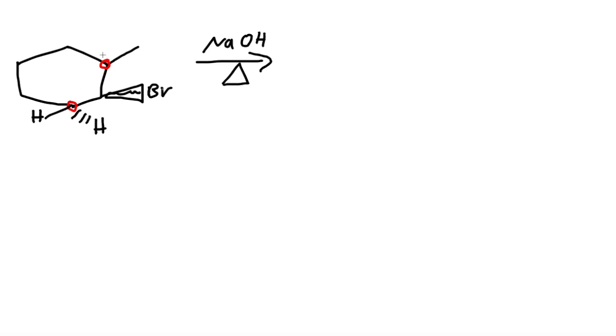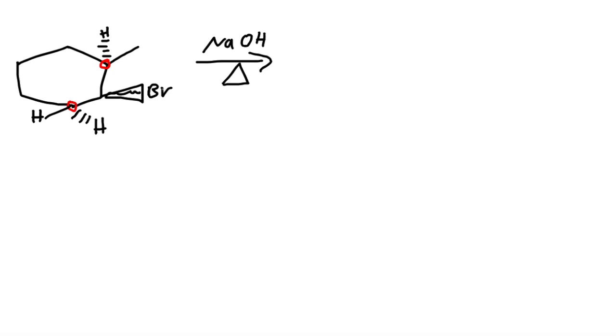Let's see the other carbon. On this other carbon, the hydrogen over here has a dash. It does have a dash. So dash and wedge means that they are anti-coplanar. That means that we'll get two products for this. Let's start with the bottom one.